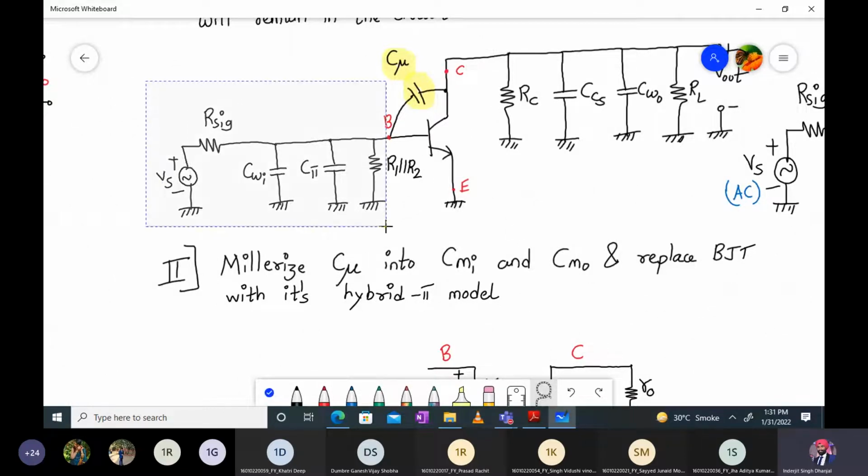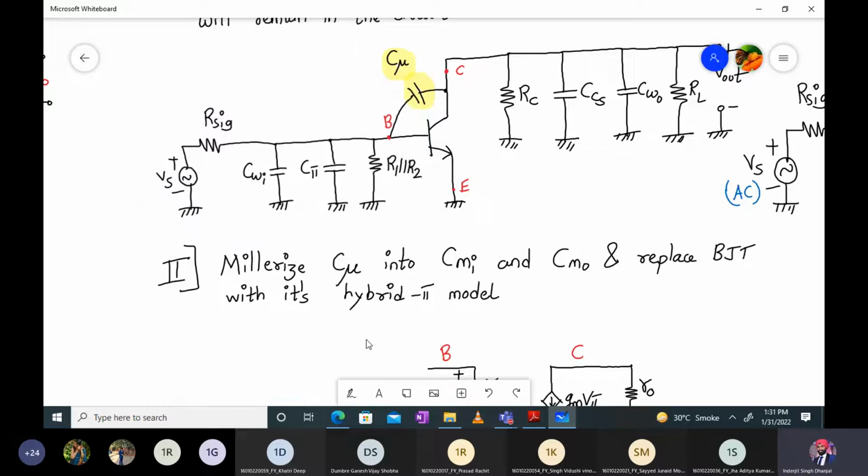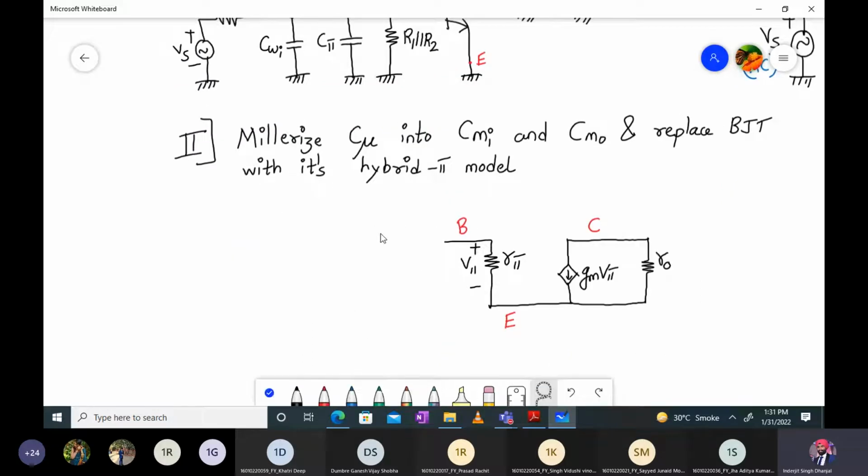I will be adding this part as it is, but additionally there will be a capacitance which is in the form of CMI. This is the input Miller capacitance, CMI.